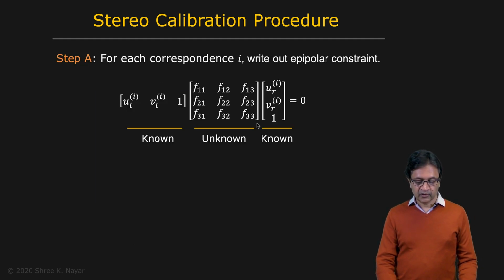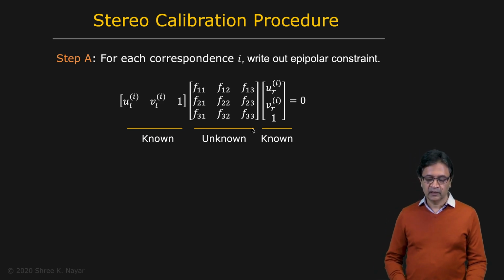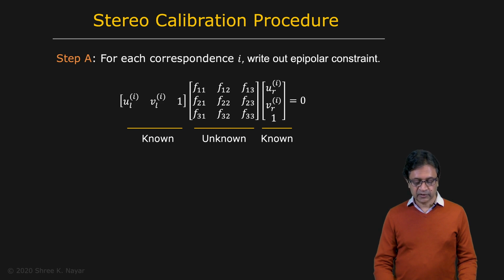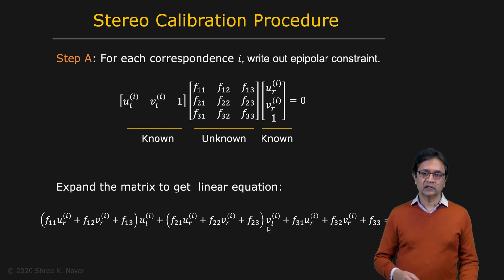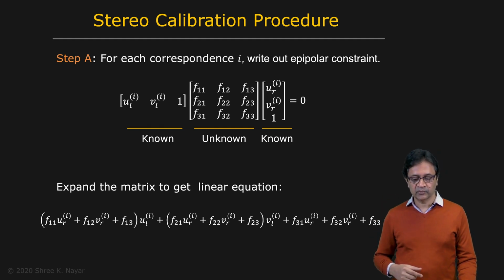In our epipolar constraint, we know that now the image coordinates UL_i and UR_i are known, and what we're looking for is this 3 by 3 matrix, which is the fundamental matrix. If you simply write out this expression, you get this linear equation right here. And you get one such linear equation for each scene point, which produces corresponding points in the two images.